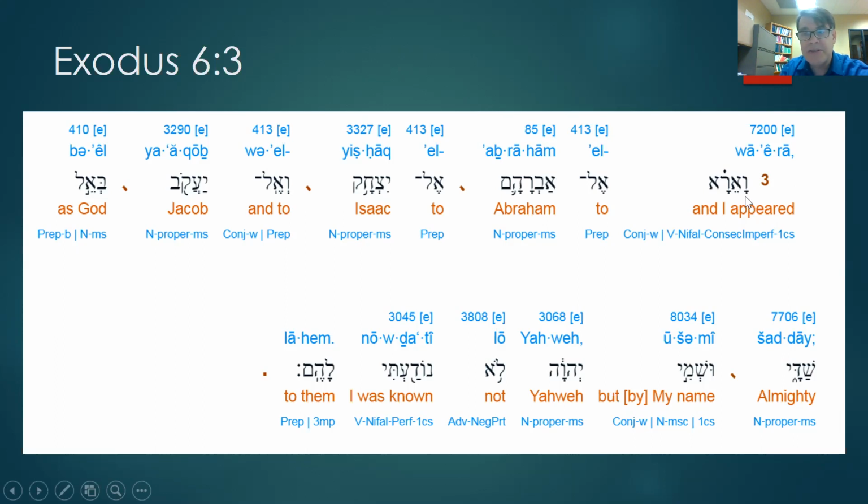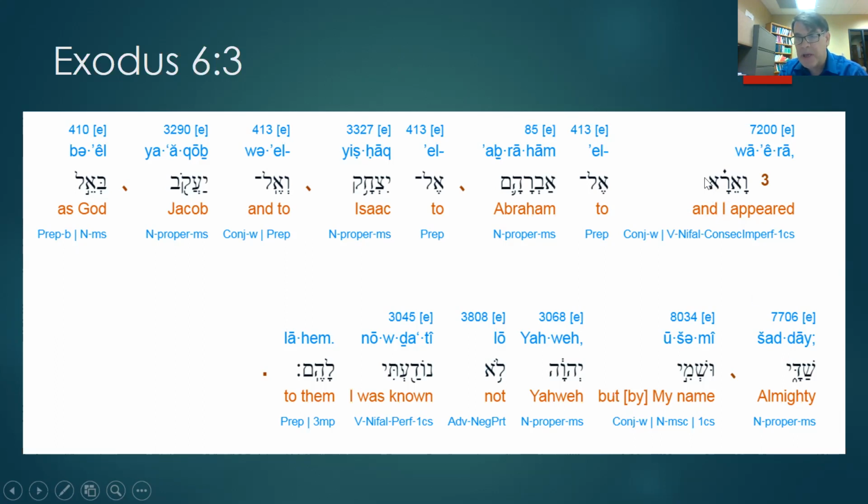This vowel is a kamatz. This letter is an aleph. This vowel is a sere. This consonant is a resh. This vowel is a kamatz. And this consonant is an aleph, except here it's not a consonant.